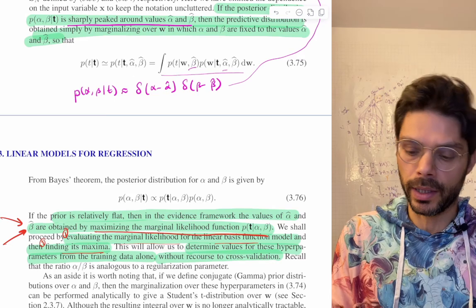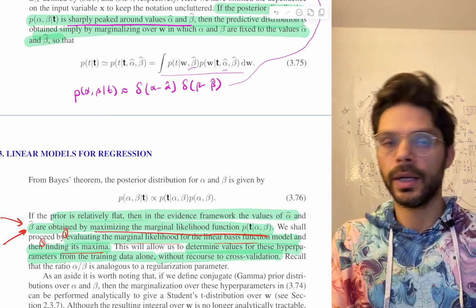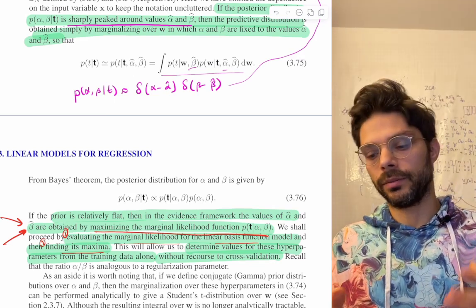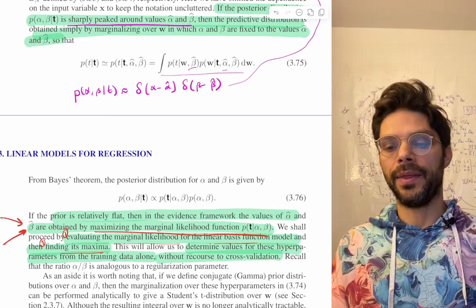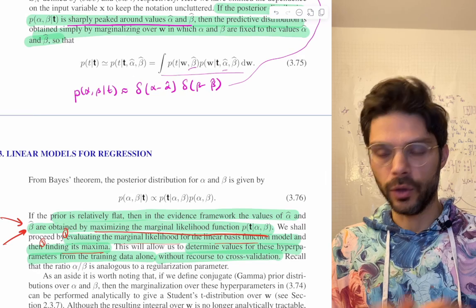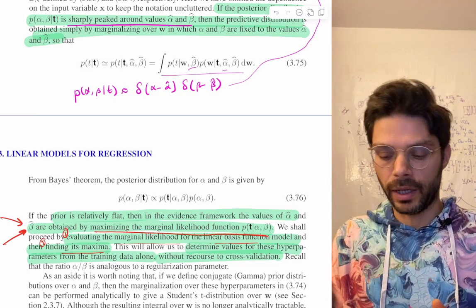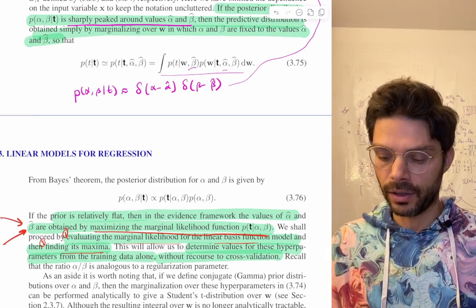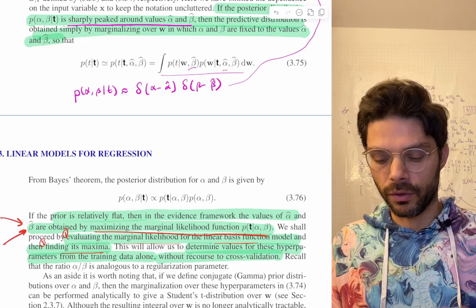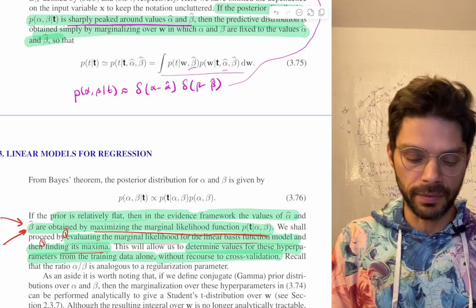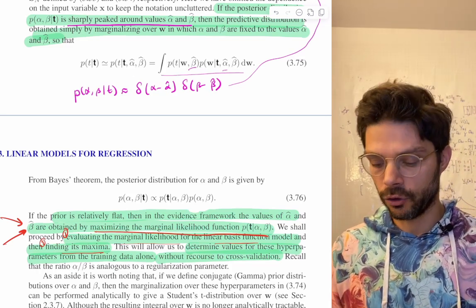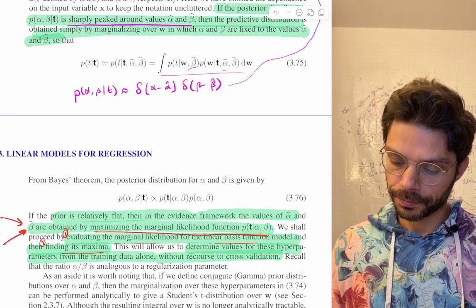So we don't have to do the thing where we pick out W on the training data, and then adjust alpha on some test set, etc. We can just figure out the optimal values of alpha and beta directly on the training data, which is very useful.